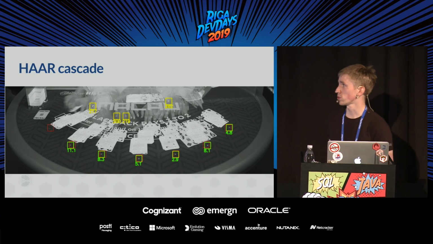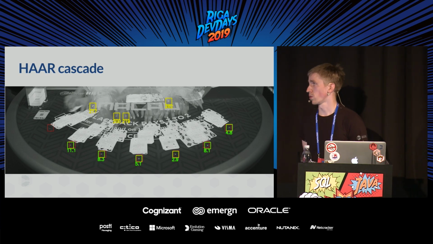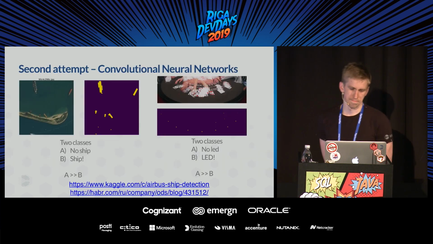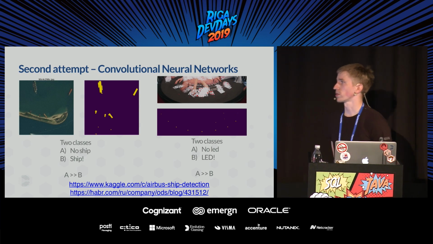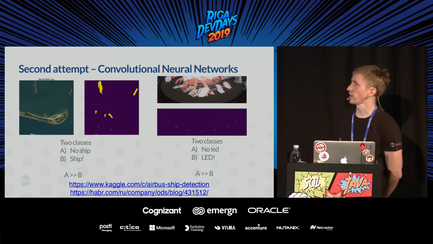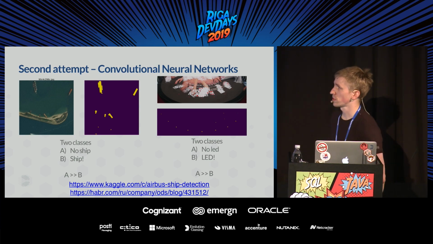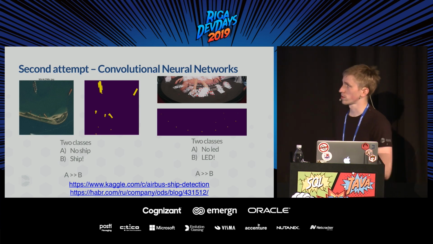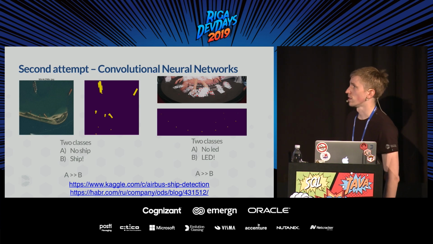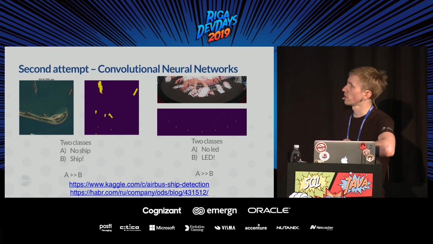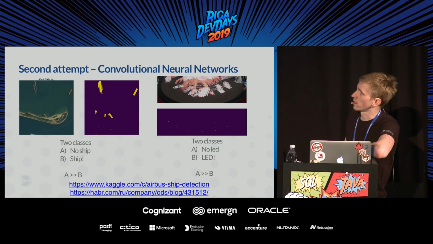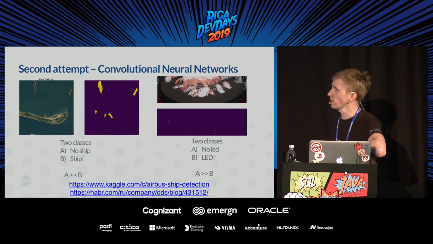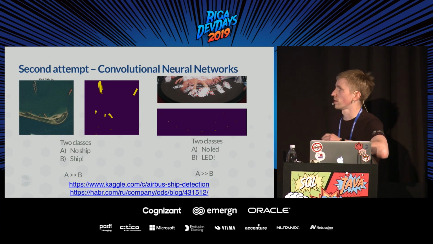Yeah, this solution worked for almost a year. It was more or less okay, but then I found a Kaggle competition that was organized by the Airbus company, and they asked developers to develop an algorithm to find and count the ships in the open sea. You can see on the left side one image of that. The original image is this one, and after processing, you were expected to give out this one image.